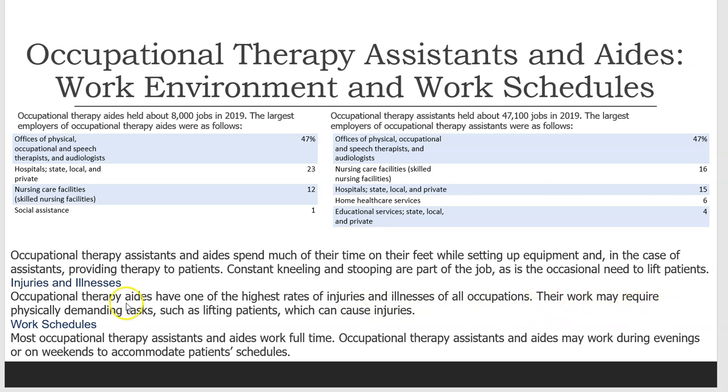Their work may require physically demanding tasks, such as lifting patients, which can cause injuries. Work schedules. Most occupational therapy assistants and aides work full-time. They may work during evenings and/or weekends to accommodate patients' schedules.